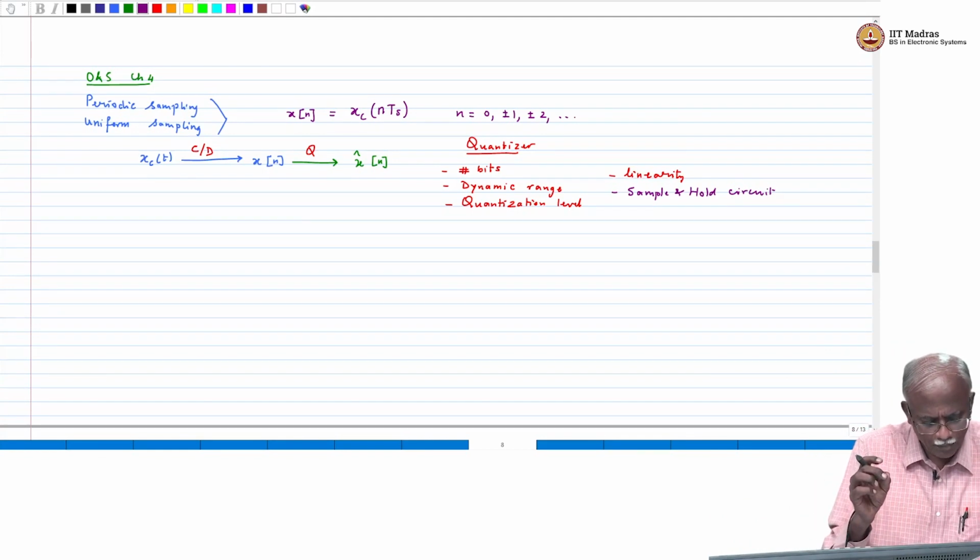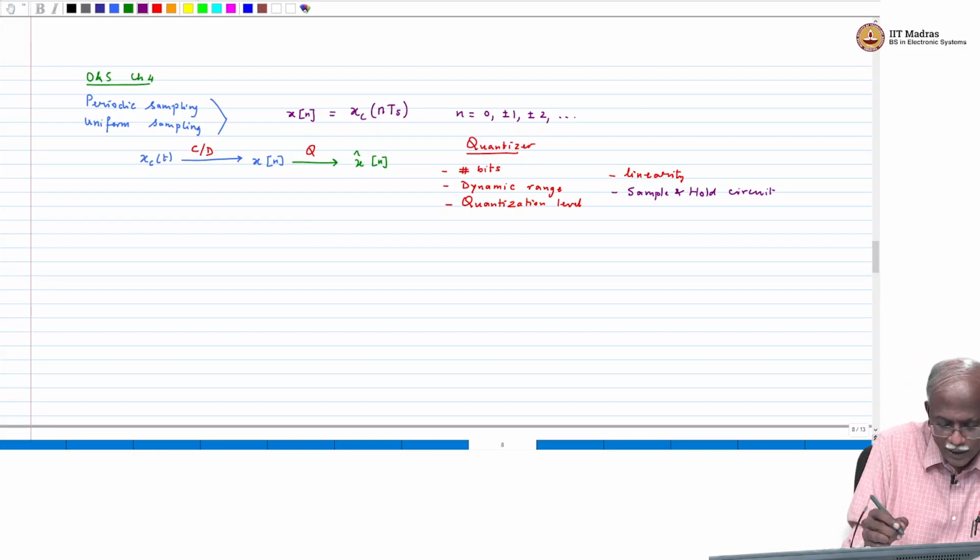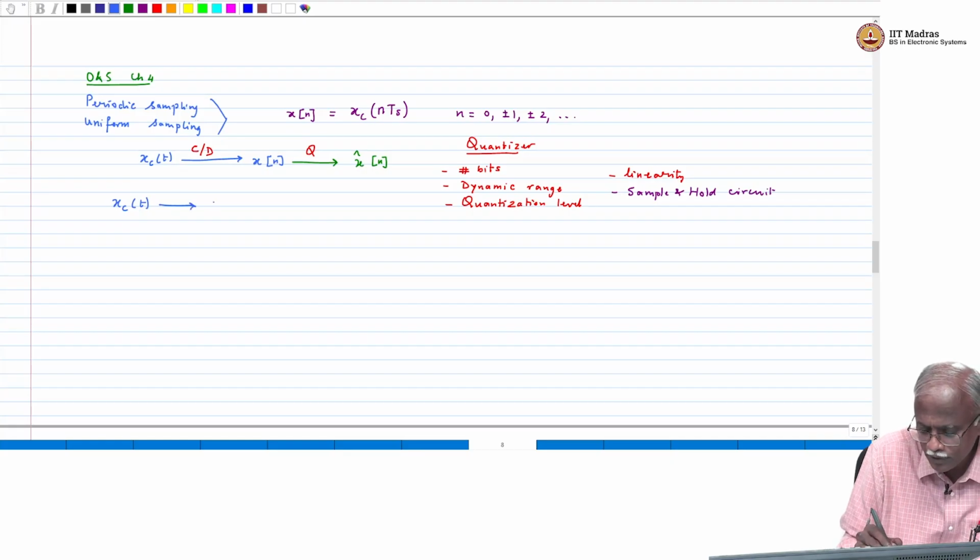So the important thing to note is that in the process of going from the continuous time to the discrete time signal, there is an intermediate signal that we will study. That intermediate signal is called xs of t.